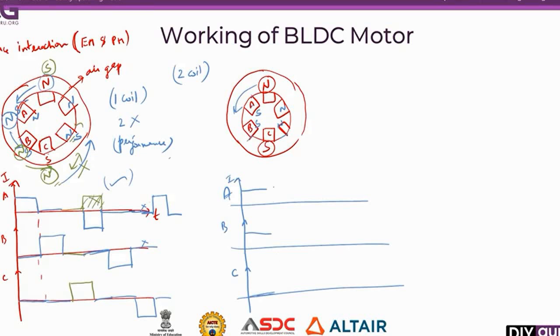Then I must energize both coil B as well as C. When it reaches the center portion, I must energize coil B and C. So take this as T1. At T2, I am energizing coil B. Also, I must energize coil C. See, coil B is on and coil C is on. At that time, coil A must be de-energized.